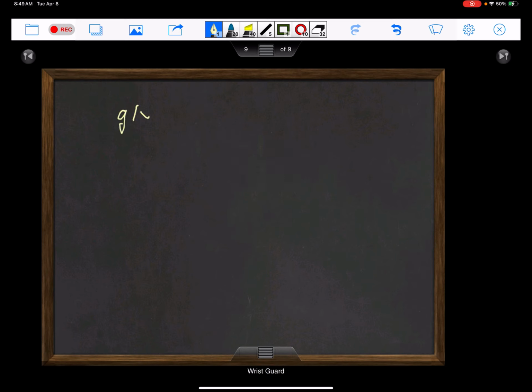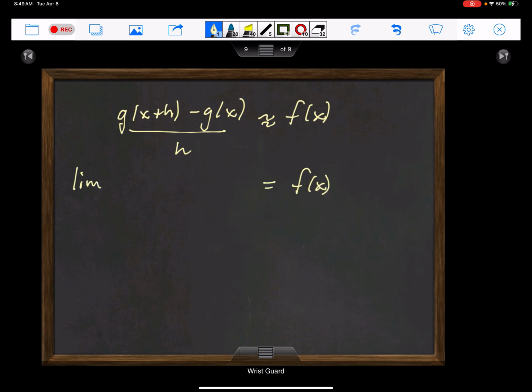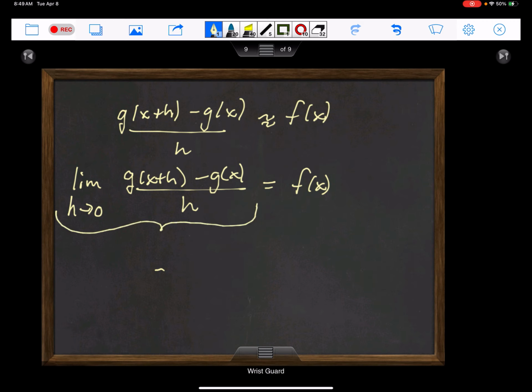So we've decided that g of x plus h minus g of x all over h is approximately equal to f of x and will be equal to f of x if we take the limit as h goes to 0 of this quotient. And if we can stretch our minds back to Calc 1, hopefully we recognize that this is the definition of the derivative of g. So g prime of x is equal to f of x.